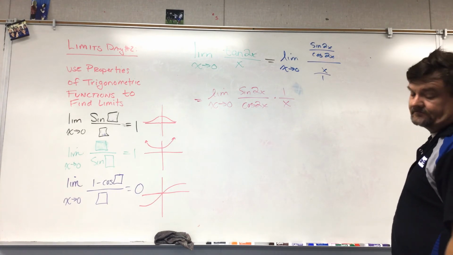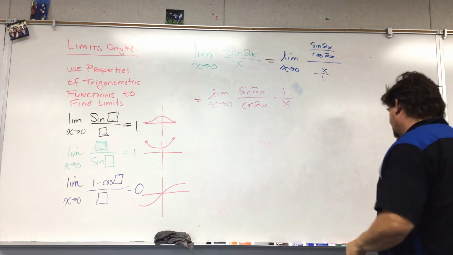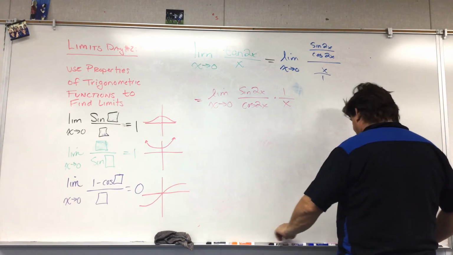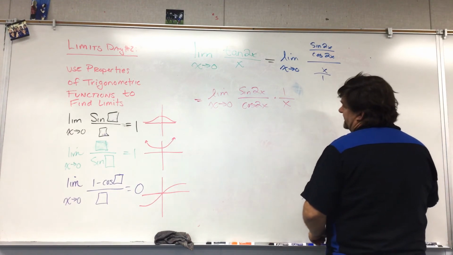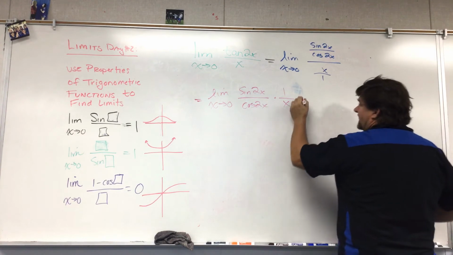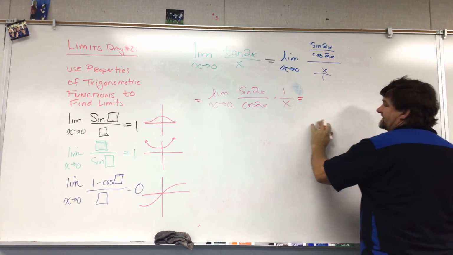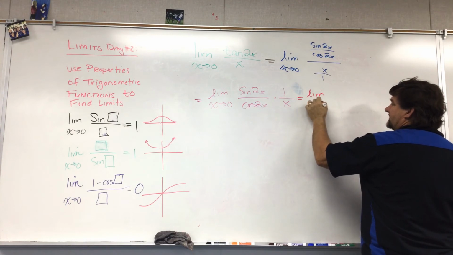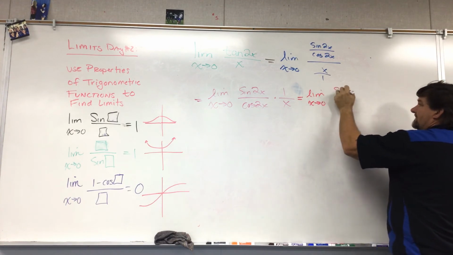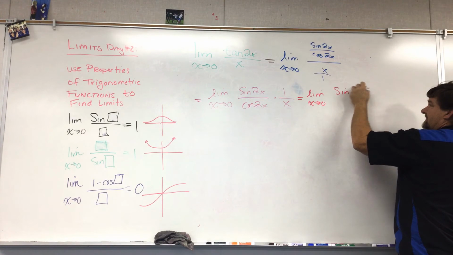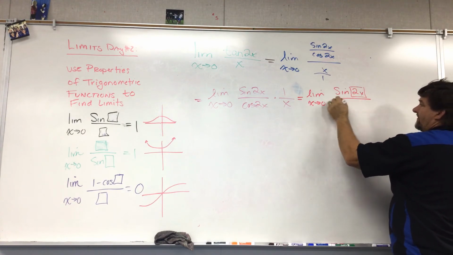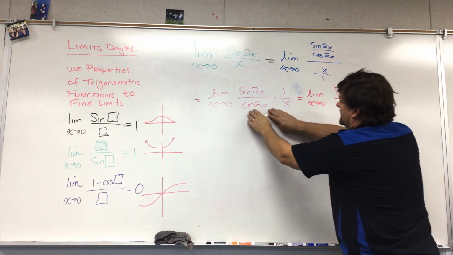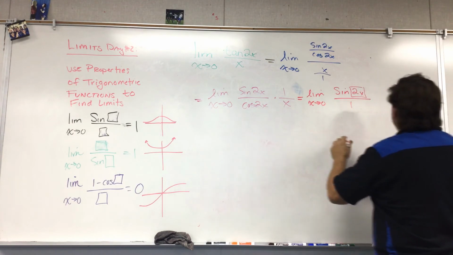So let's just kind of separate this piece out. Sometimes it's good. You don't have to do it this way. If you can see it already, you're good. So I'm going to kind of separate this out. So we've got the limit of x approaches 0 of the sine of 2x over 1, and then I'm going to move this way.